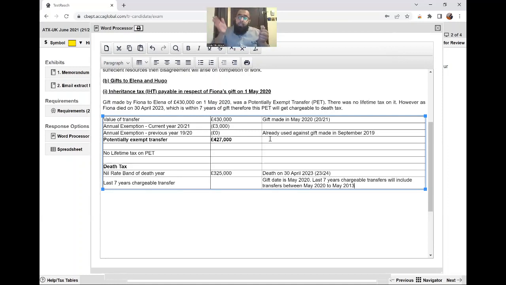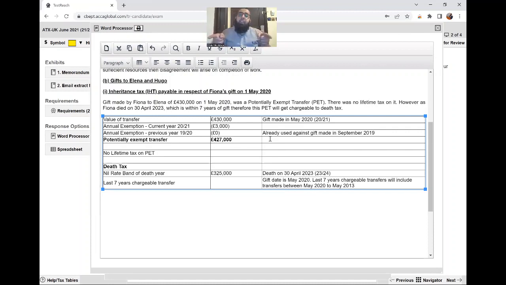Now, what we do is, first from the death till 7 years, we identify the transfers on which death tax will apply. And then we go back 7 years from each gift. I'll repeat it again.